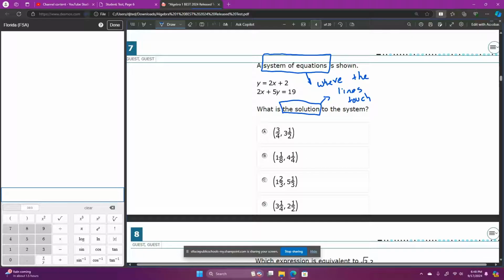And in Algebra 1, you are taught to solve a system of equations by graphing the 2 lines, by substitution, or by elimination.